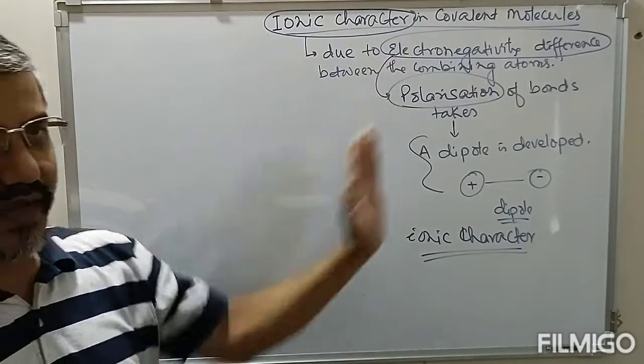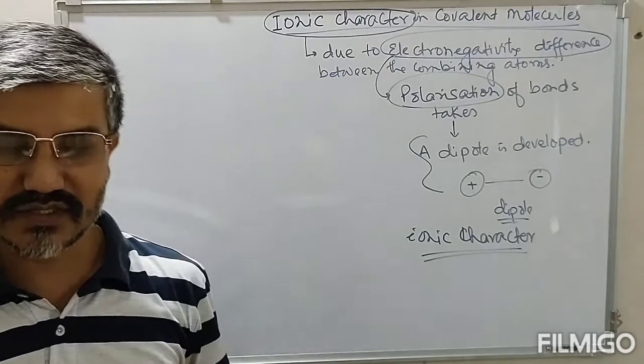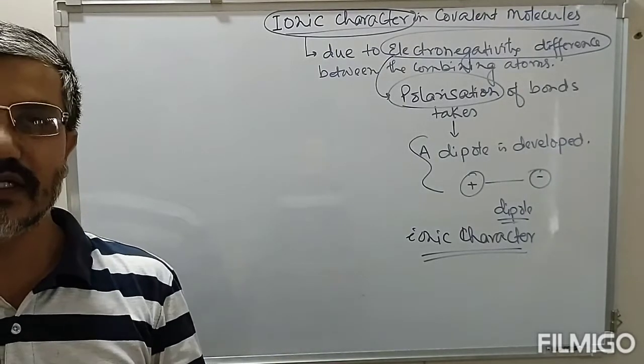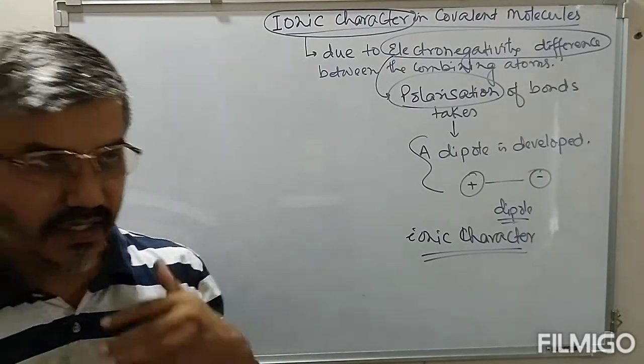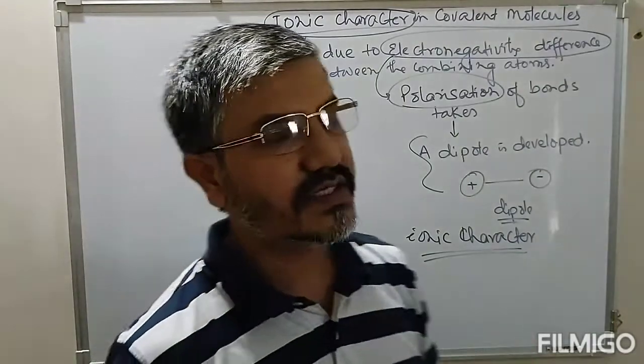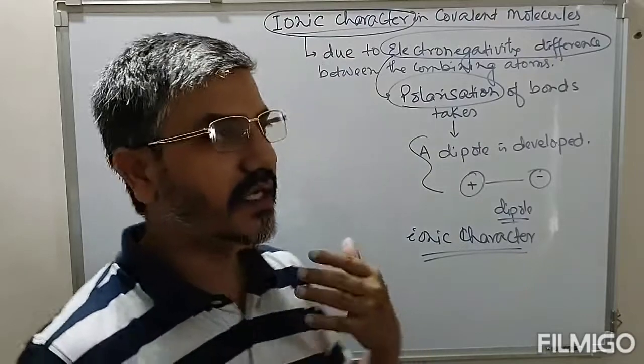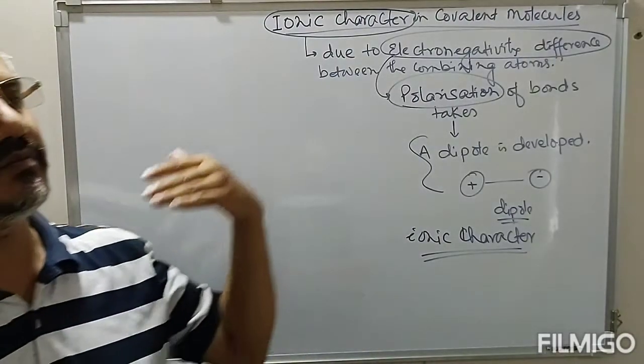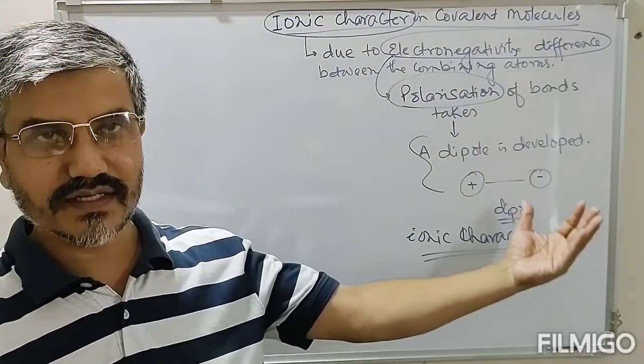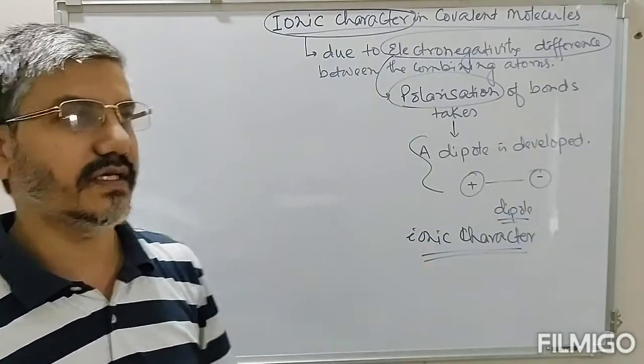Now if the combining atoms have the same electronegativity, then that is known as 100% covalent. If the polarization is there or if the electronegativity difference is there, then the bond will develop some percent of ionic character along with the covalent character.